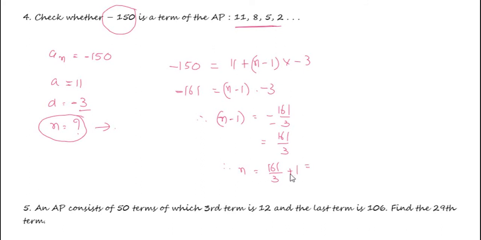So this becomes 164 divided by 3, that is 54 and 2 by 3. n equal to 54 and 2 by 3. This is not an integer. Since this is not an integer, minus 150 is not a term of this AP.